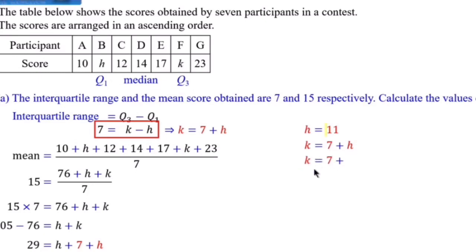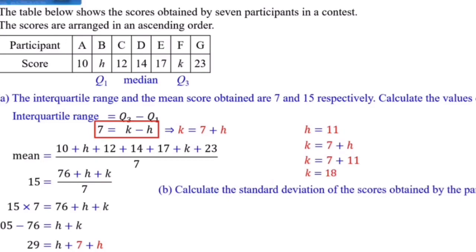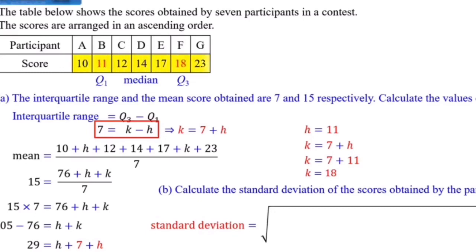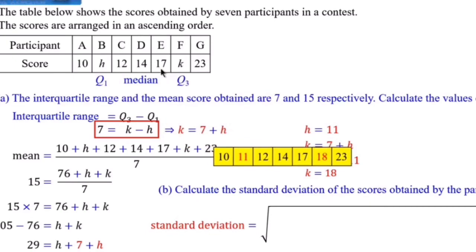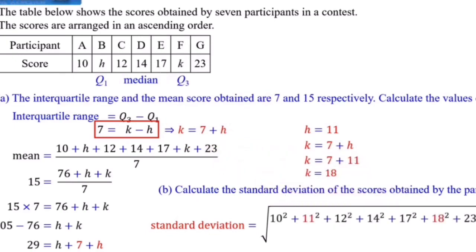So then we want to calculate the standard deviation of the score obtained by the participants. So standard deviation formula is, still remember how to write the formula? You take the data, you square one by one: 10 square plus 11 square plus 12 square plus 14 square plus 17 square plus 18 square plus 23 square, over 7.